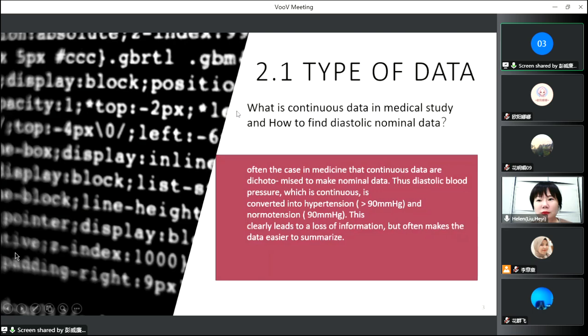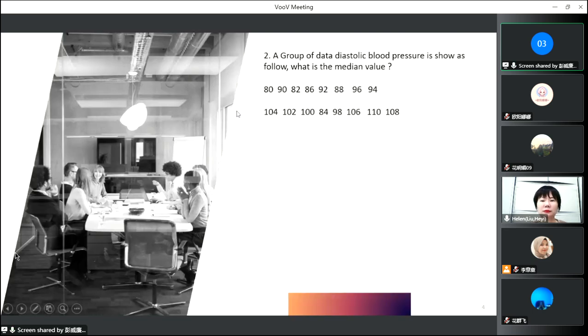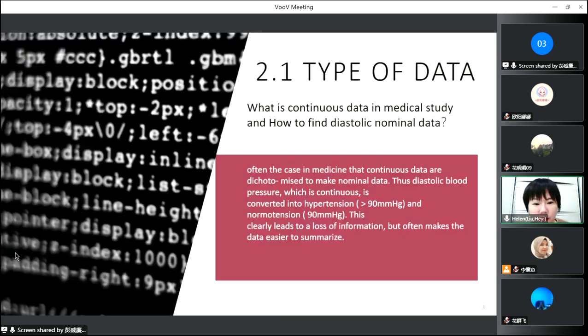And question number 2. Sorry. Yes, also. For question 1, what's your answer? My answer is, what is continuous data in medical study and how to find the historic nominal data?